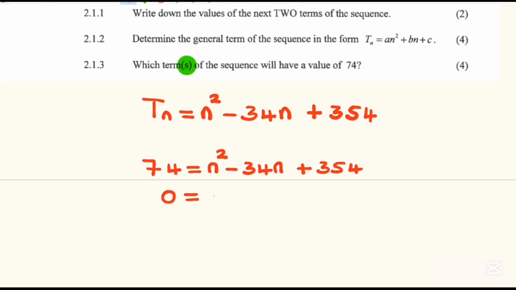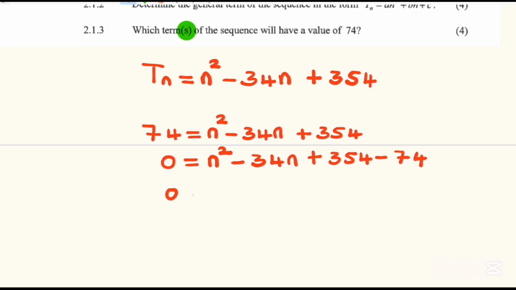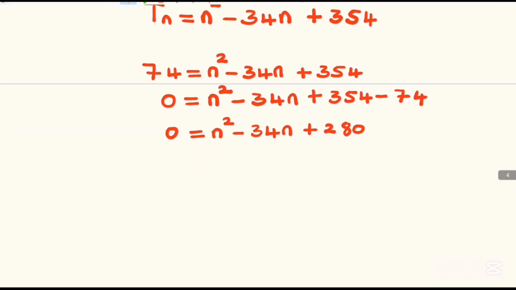So we move the 74 to the right, and when we move the 74 it will change sign to negative 74. So our 0 will be equal to n squared minus 34n plus 354 minus 74, which is equal to positive 280.